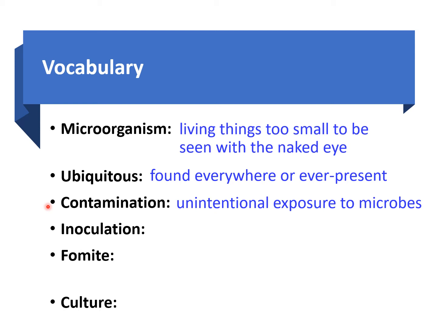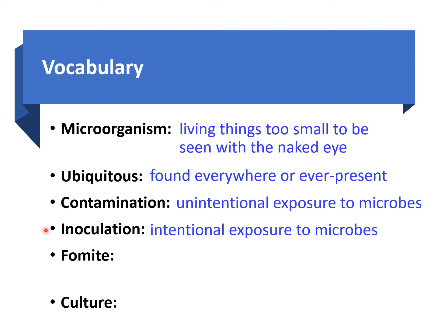You're not just going to be growing E. coli, you're going to be growing E. coli and whatever bacteria was on that unsterilized utensil. Okay, and so this is what contamination means. And so therefore, you are going to learn steps to lower the chances of contaminating your samples in the microbiology lab.